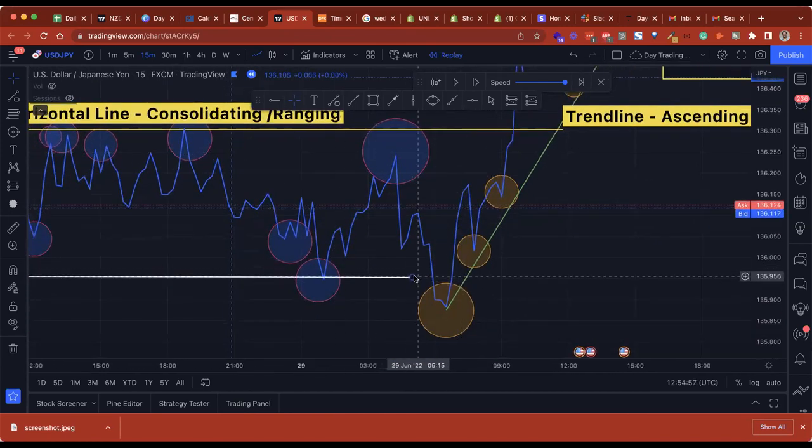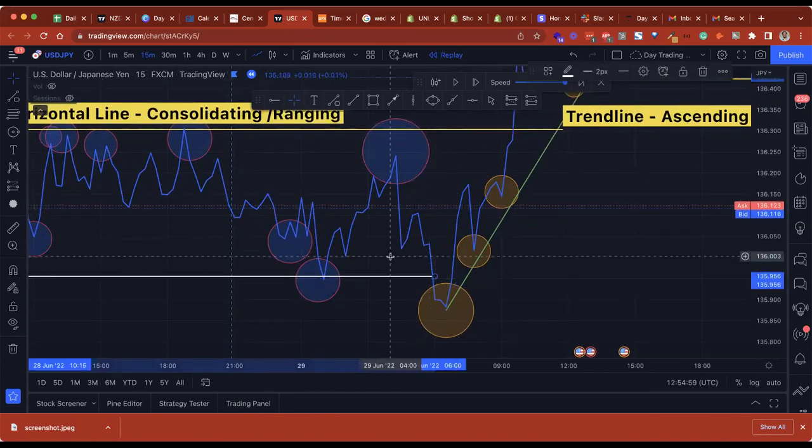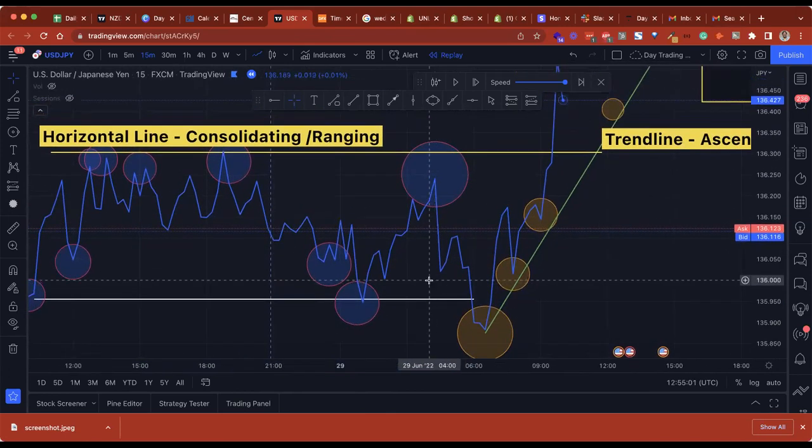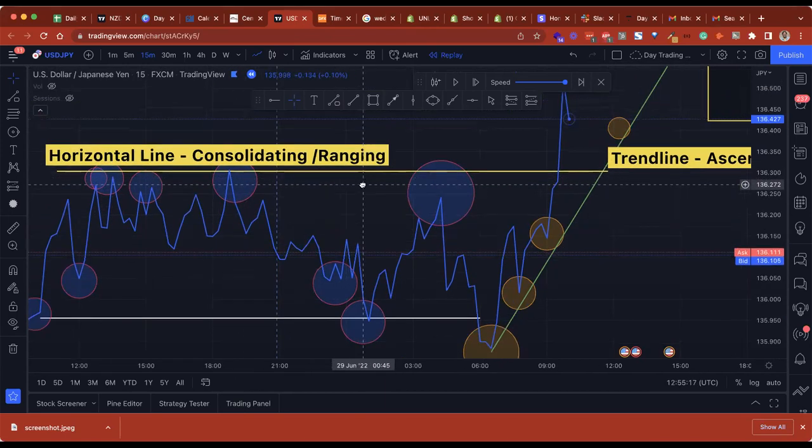We trade once it breaks out of these horizontal lines, okay? So just to simplify this, the key thing is knowing how to draw your lines, finding those points where it touches the same area over and over again.